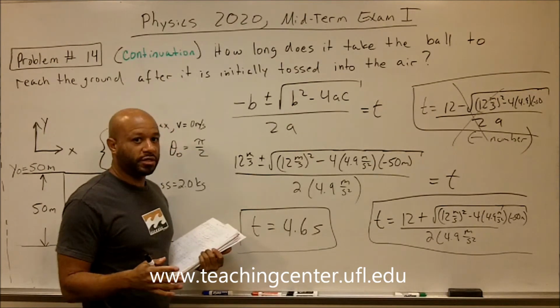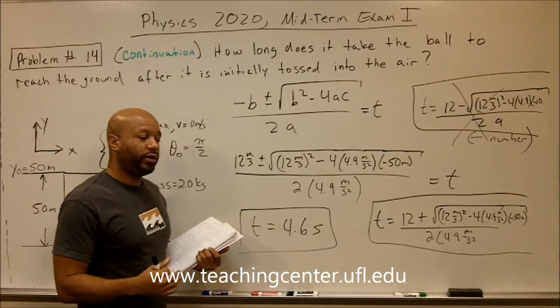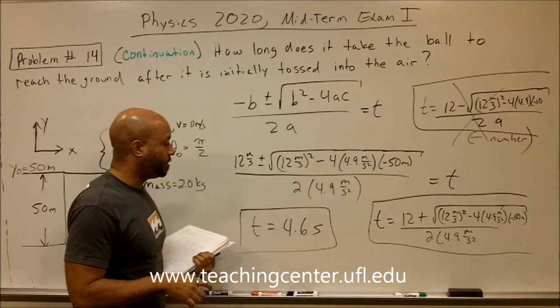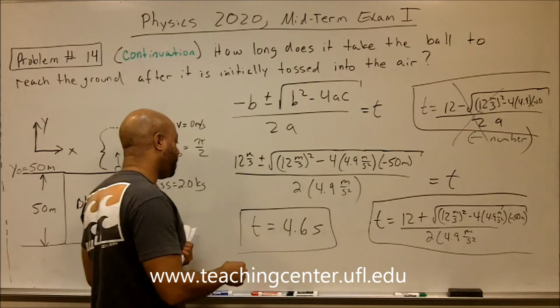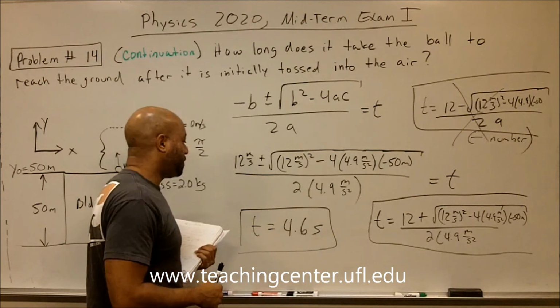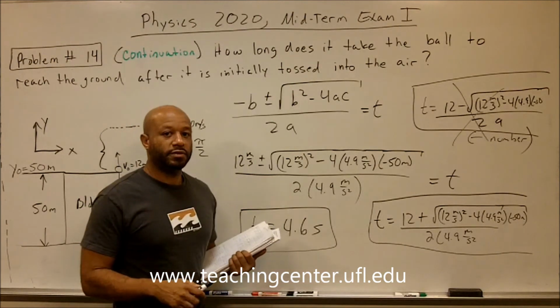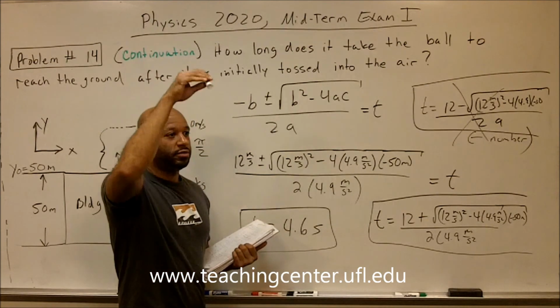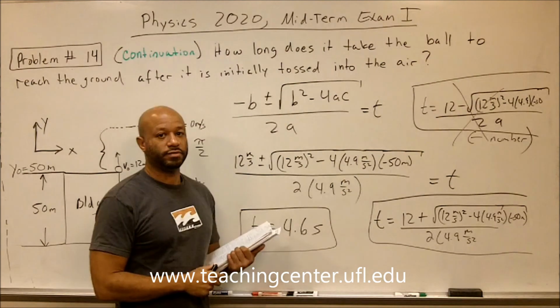Sometimes they could be both positive, which will have different meanings. But if you get a time that's negative, we know that we can throw that away because there is no such thing as negative time. And so the answer is actually 4.6 seconds it takes total for the ball after it's initially tossed to reach its maximum height and then hit the ground.